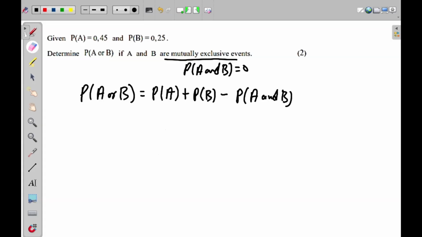So let's do our simple substitution since we know the probability of A and the probability of B. So this will be basically 0.45 plus 0.25 minus a 0.